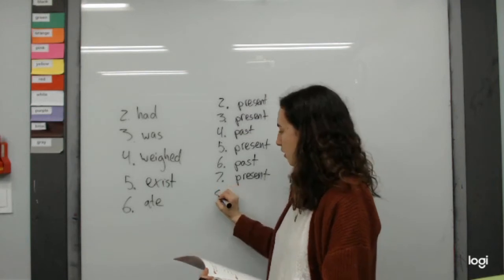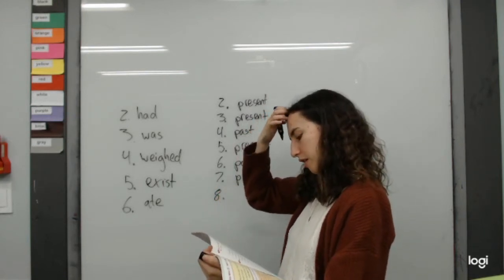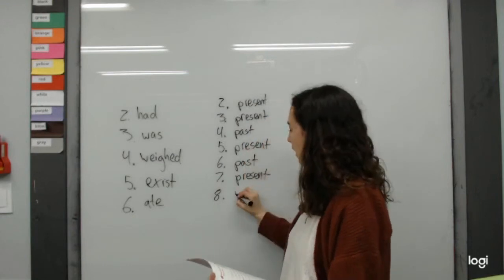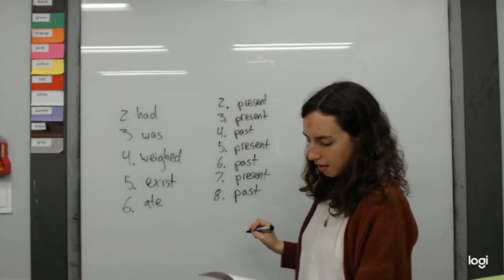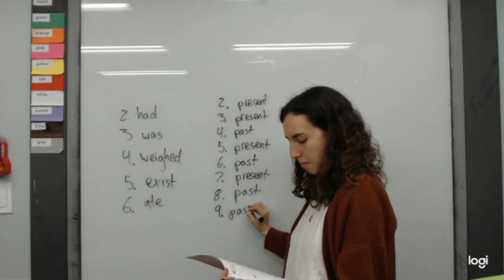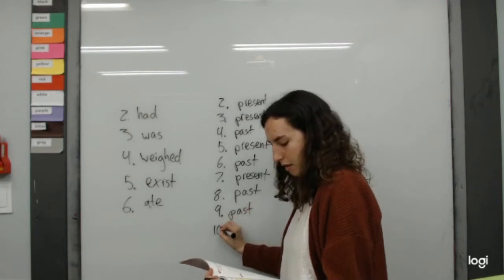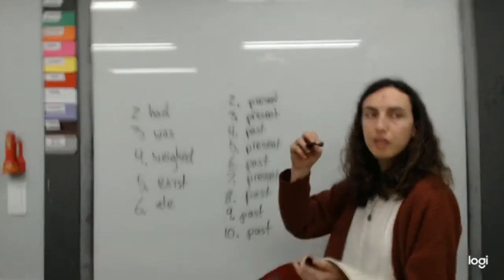Is. Number 8, there were many people at the zoo yesterday. This is yesterday and were, so it is finished, so past. And number 9, we went to the zoo Sunday afternoon. That is past. And number 10, mammoths used their trunks to pick up food.